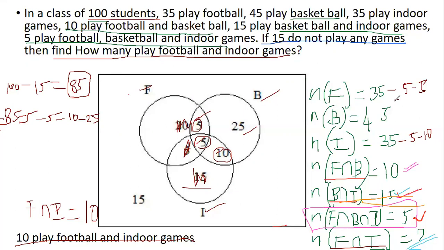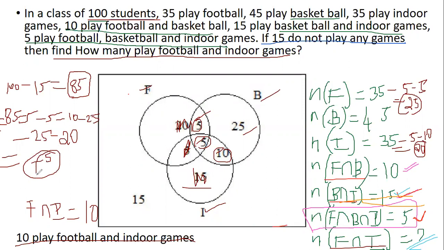So 35 minus 5 and minus 5 will give me 25, and 35 minus 5 and minus 10 will give me 20. So this 25 and 20 also I am going to subtract, minus 25 and minus 20. So I get minus 5 as the answer. Here I am not considering the sign, but only taking the number, that is 5. So F intersection I is 5.